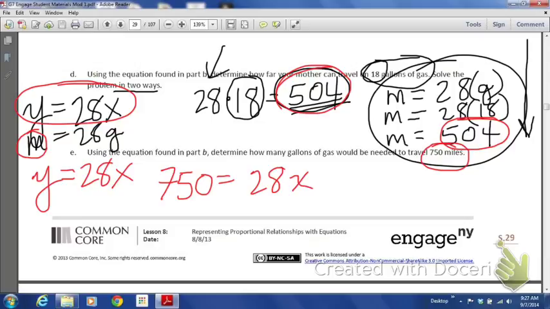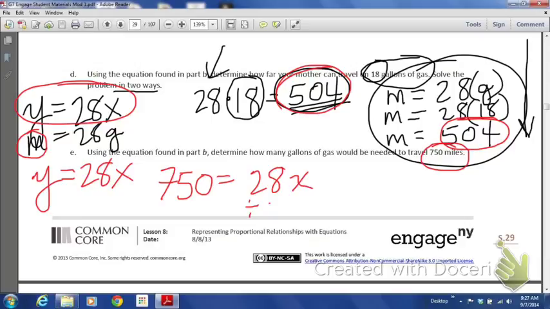So in this case, we can switch this around if we wanted to, but algebraically, what we would do is divide each side by 28. And again, we're going to talk about this more in the future.